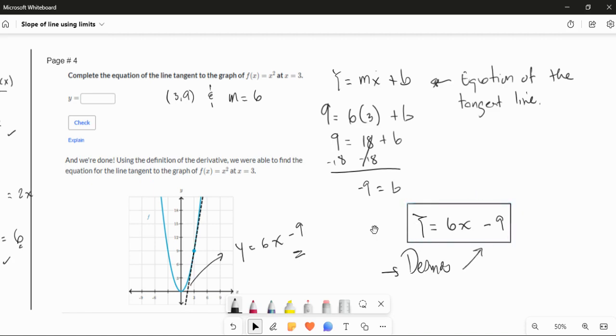I encourage you to use Desmos so that you can test that at exactly x equals 3, that connects with 9, (3, 9). That's where the line will pass through, and it is y equals 6x minus 9. Thank you for watching, and see you in our next video.